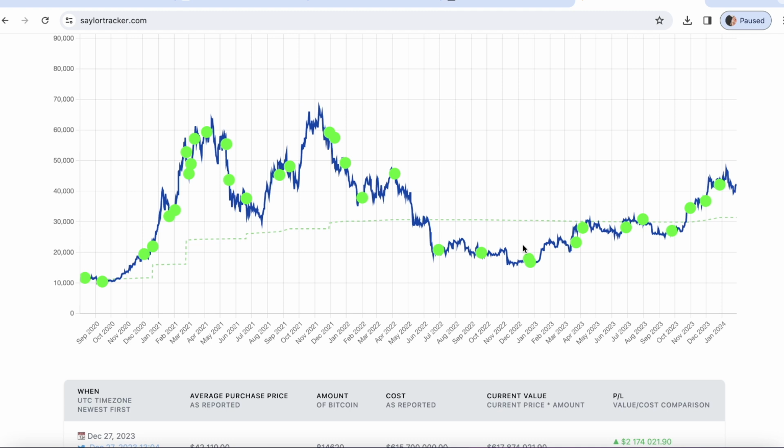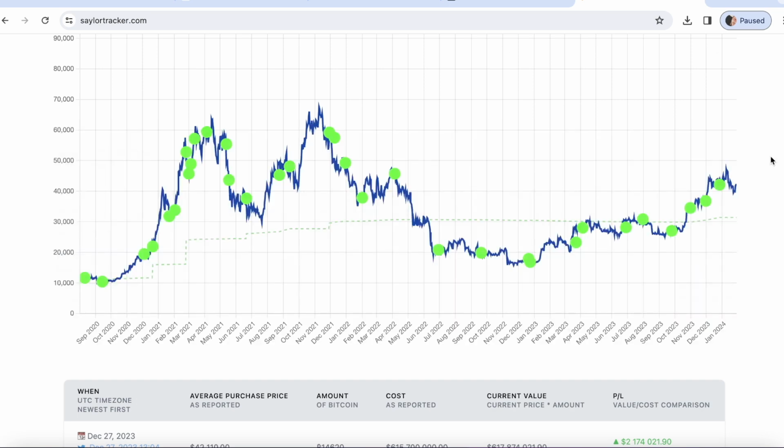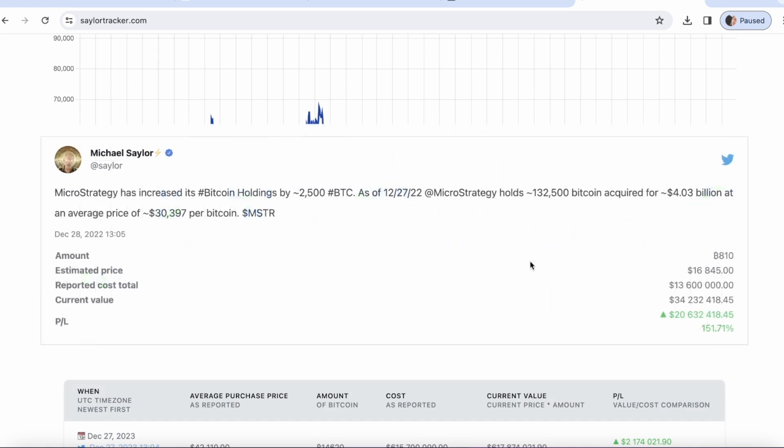I know this could look very bullish for Bitcoin, because you would think, okay, if Michael Saylor is buying around this area, that means he knows it's going to go a lot higher. Yes, but his Bitcoin's average price is around $36,000, $37,000. He is already in profit, I know. But you can see that he carelessly buys from everywhere.